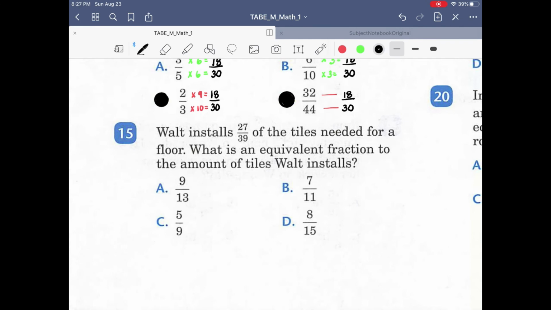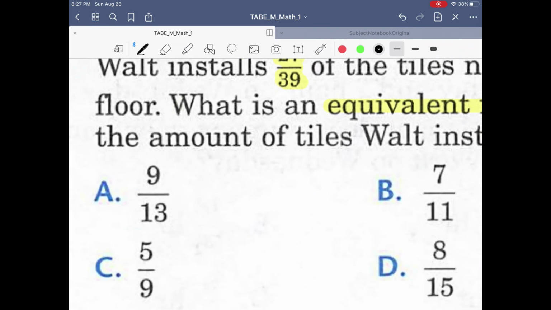Number 15. Walt installs 27 out of 39 of the tiles needed for a floor. What is an equivalent fraction to the amount of tiles Walt installs? Equivalent fraction. So we want the one that is the same.